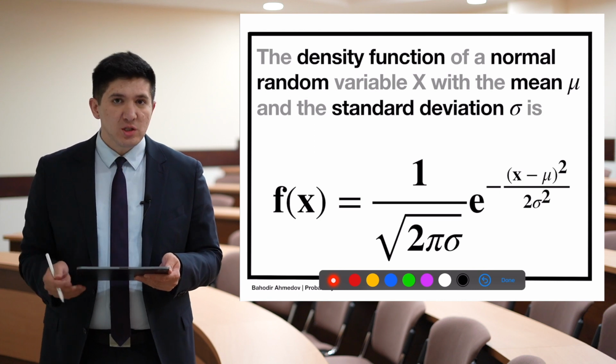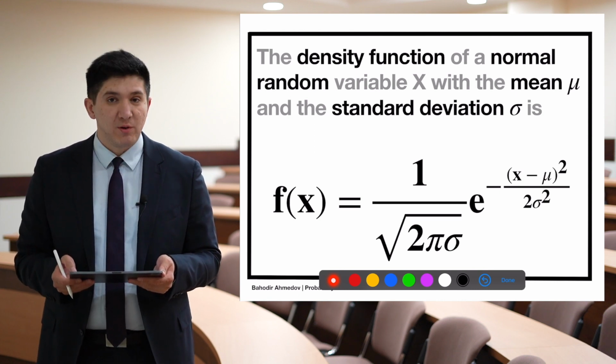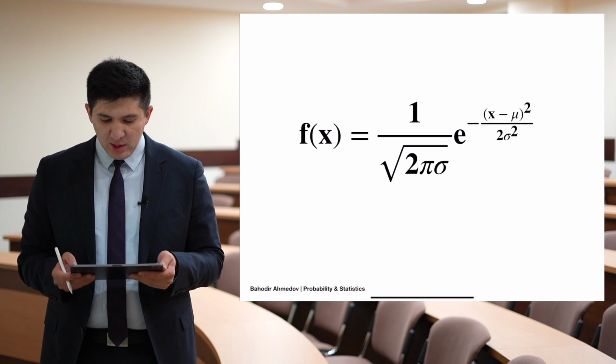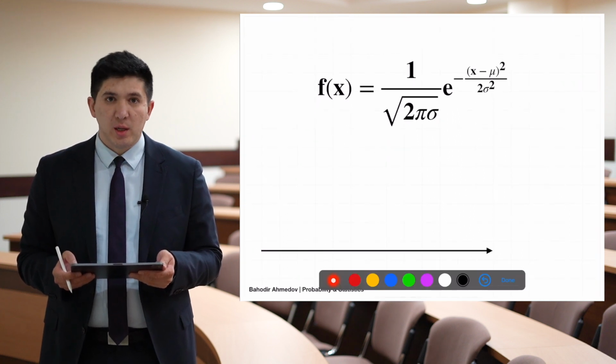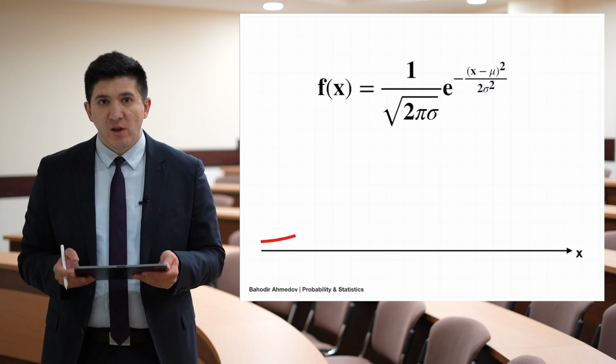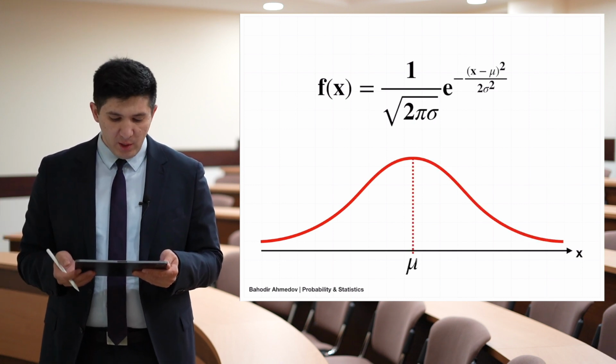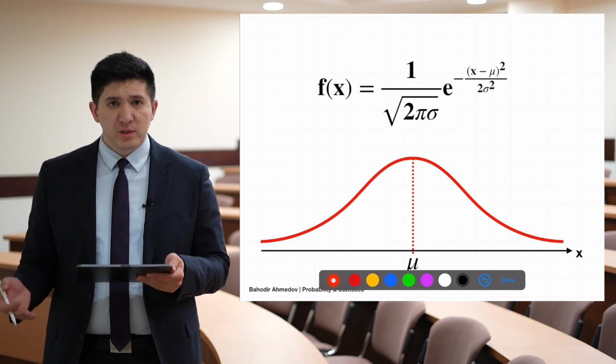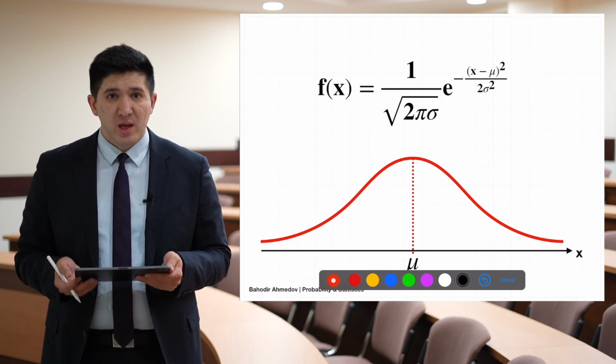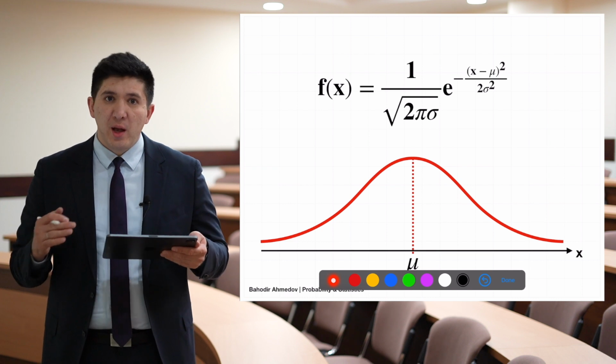What I want to do is play with this graph to understand how the mean and the standard deviation change the shape of its curve. Sometimes we call the normal distribution the bell-shaped curve as well, because it looks like a bell.